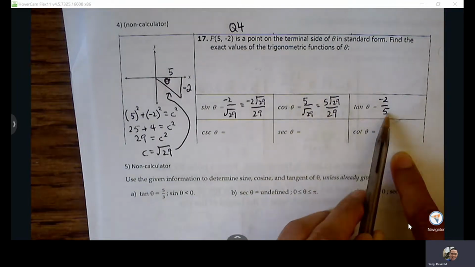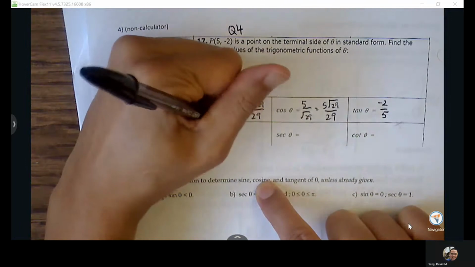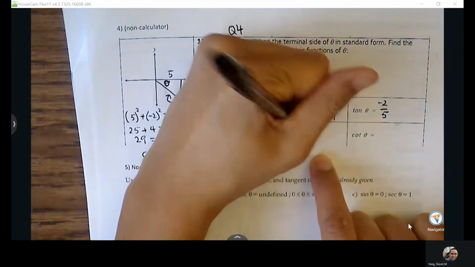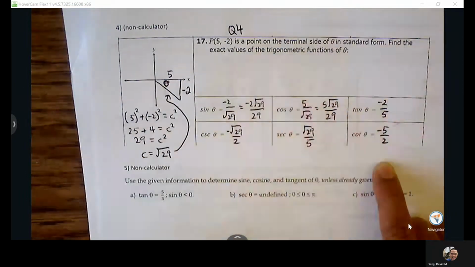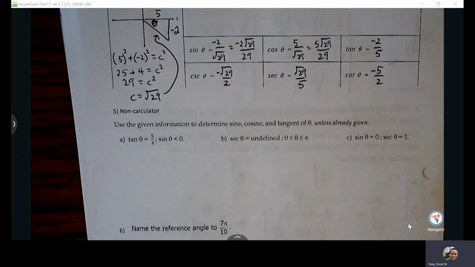And cotangent is the reciprocal of tangent. Okay, any questions here?